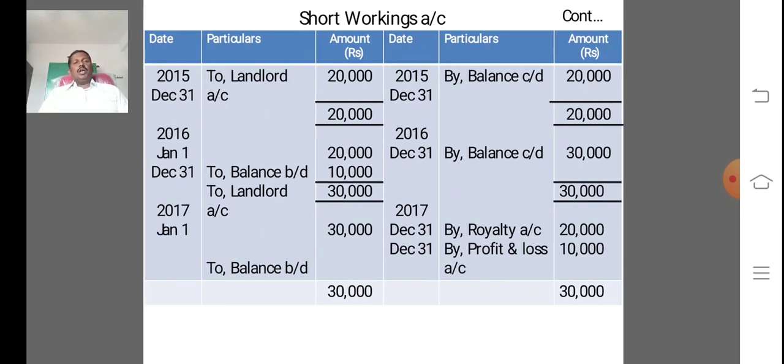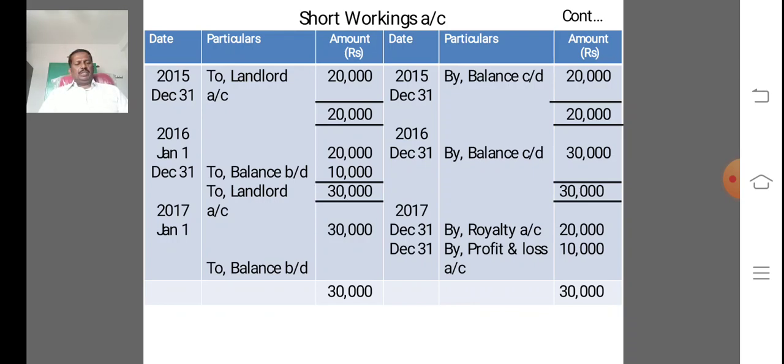Next, we prepare short workings account. In debit side also 3 headings: date, particulars, rupees. Credit side also 3 columns: date, particulars, rupees.